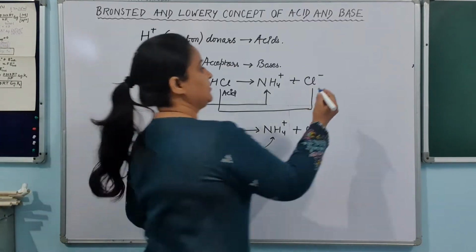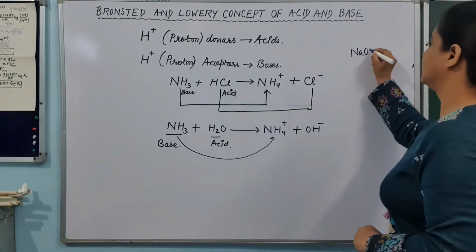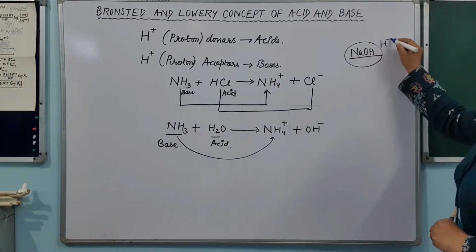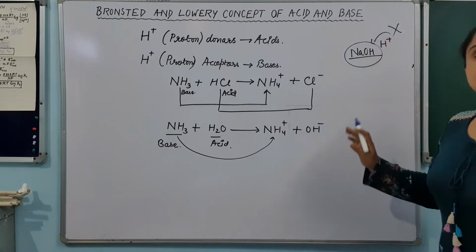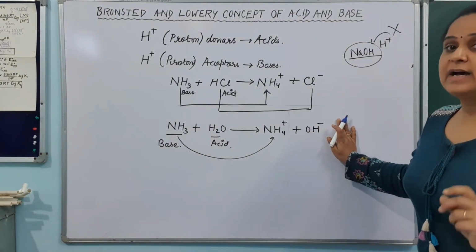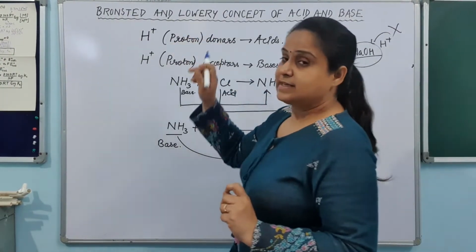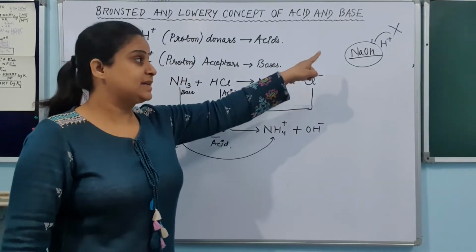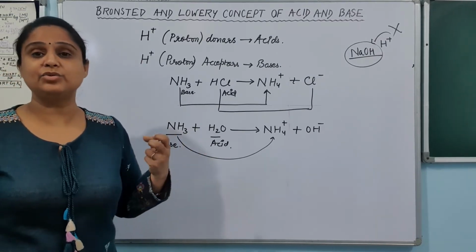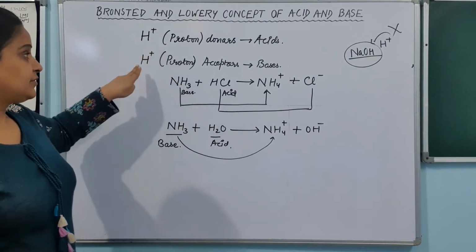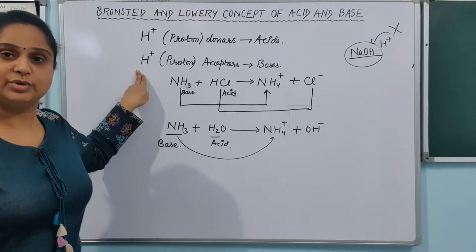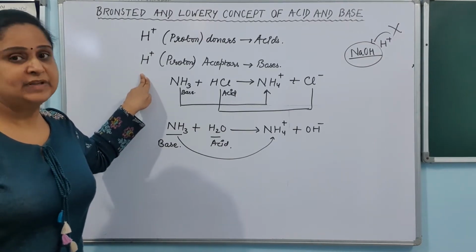For example, sodium hydroxide is an Arrhenius base, but it does not accept H+ ion, so it cannot be called a Bronsted base. Are you clear? It is not compulsory that they will get the proton, because we define the Bronsted and Lowry concept only in terms of H+ ion donation or acceptance. Is it clear? Let's move on.